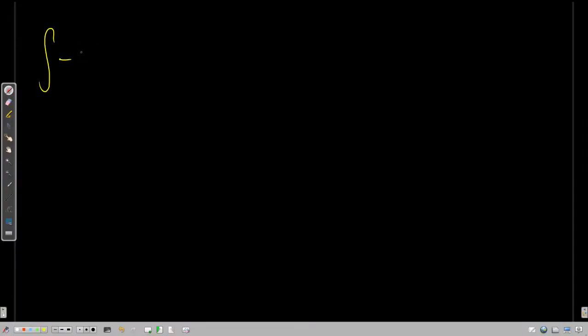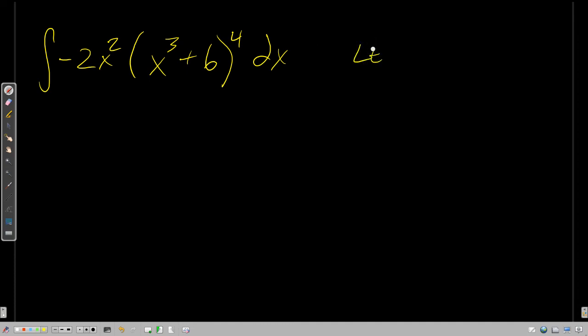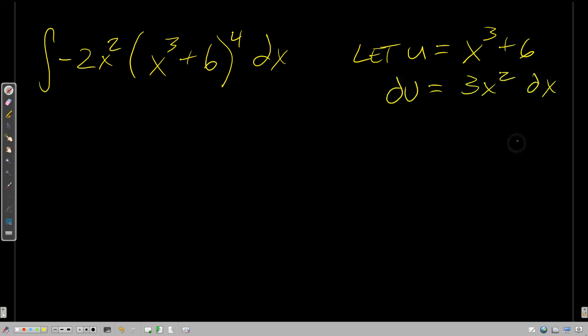So we want to integrate minus 2x squared times x cubed plus 6 to the 4th power. Let u be the x cubed plus 6, then du is 3x squared dx.